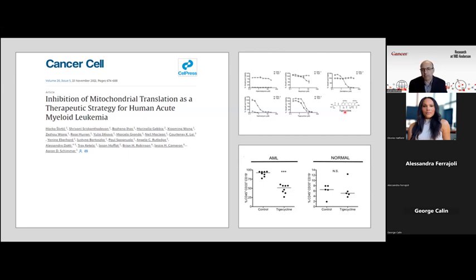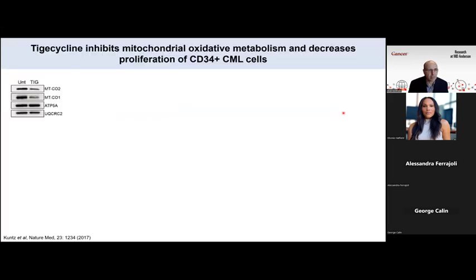The few polypeptides that are produced in the mitochondria can be affected by these antibiotics, and that will potentially lead to a lack of effective oxidation and an energy crisis. But nevertheless, we manage that toxicity. Obviously, these are very widely used antibiotics. And we thought maybe to use tetracycline here as a way to inhibit oxidation in leukemic stem cells. So this is what we have done.